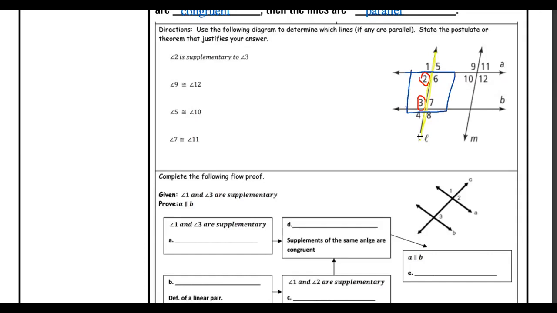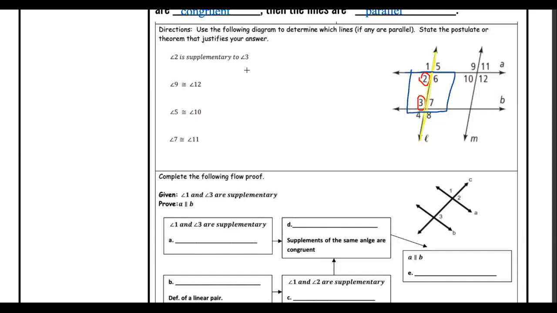So if the yellow line is my transversal, and I am intersecting lines A and B, and this blue portion is my interior, then that would mean angles 2 and 3 are same side interior angles, okay? We can identify that angle pair, same side interior, but the example says they're supplementary. When are same side interior angles supplementary?